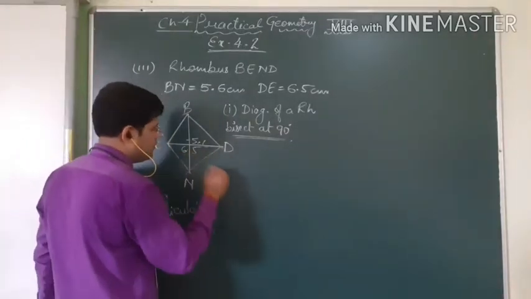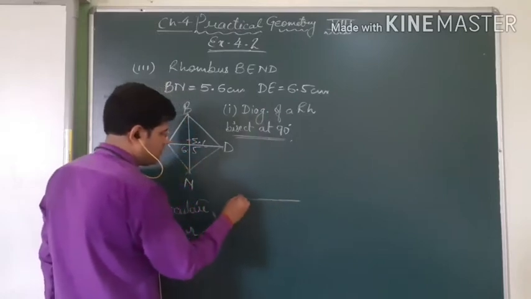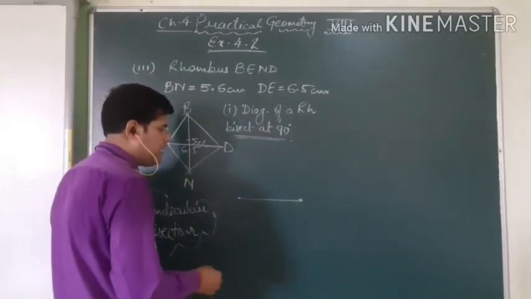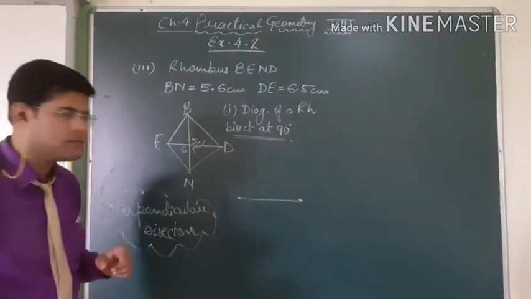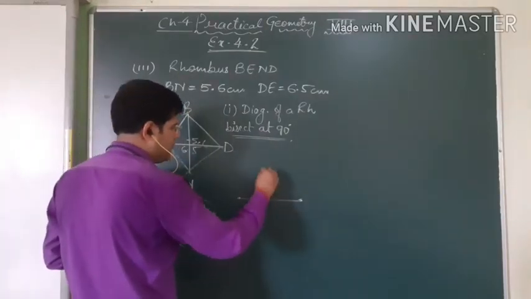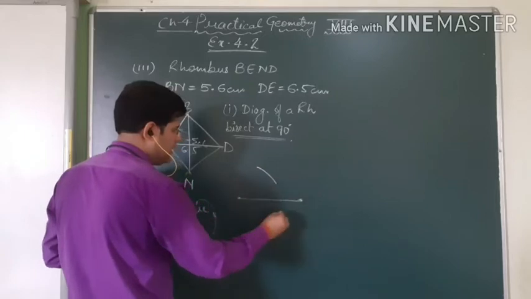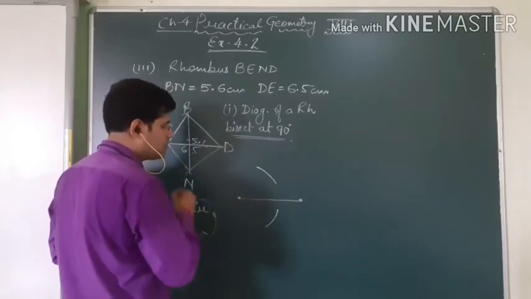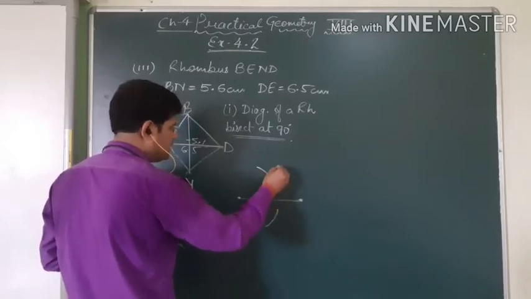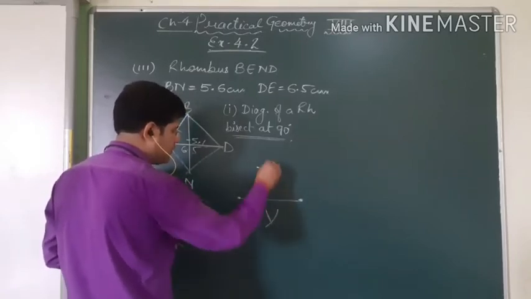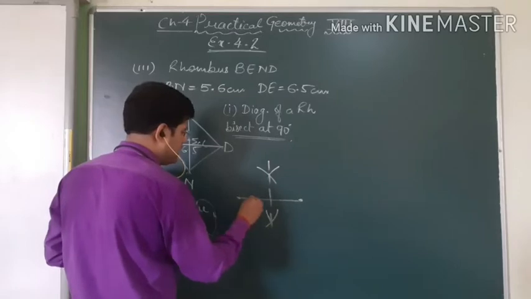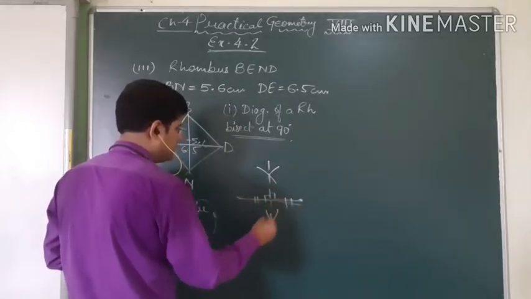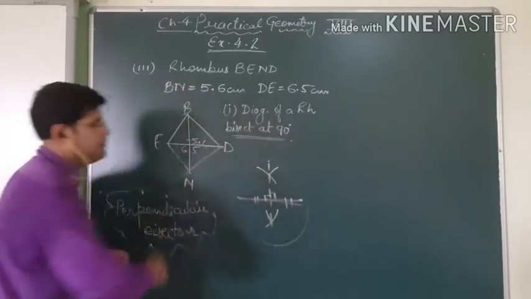Take a line segment, and if you want to make a perpendicular bisector, take a distance in your compass more than half. Make one arc upside and one arc downside from a point, and repeat the same thing from the next point. Join both intersection points, and this line is bisected and makes 90 degrees. So this is known as the perpendicular bisector.